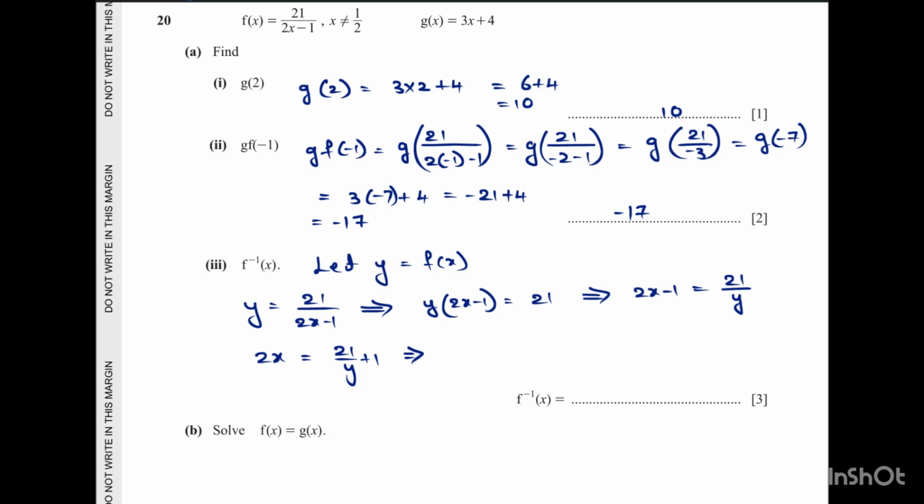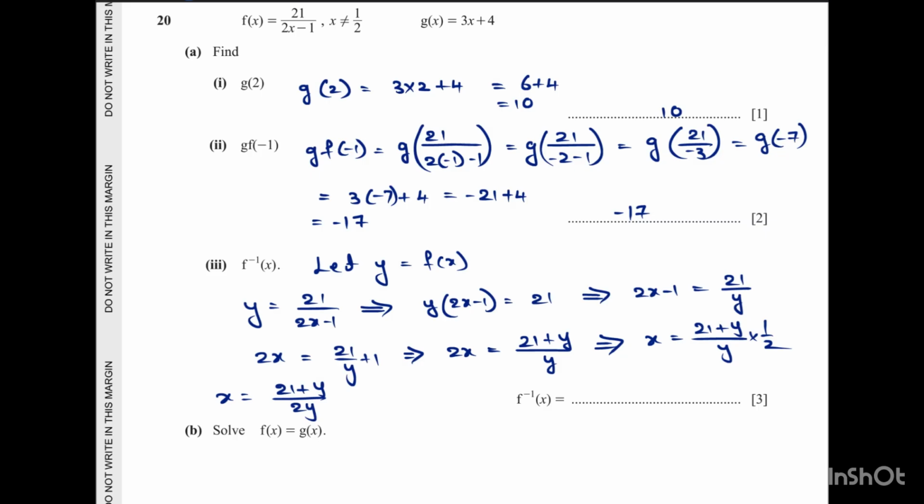Then 2x will be 21 plus 21 by y plus 1 will be 21 plus y by y. This gives you, again x will be 21 plus y by y into 1 by 2. So x is equal to 21 plus y by 2y.